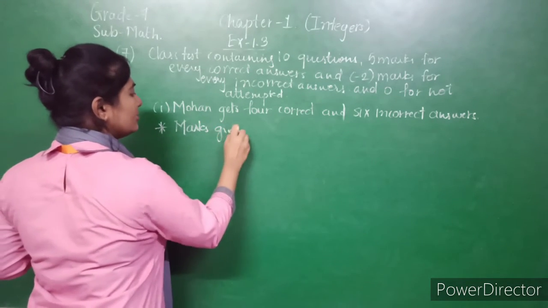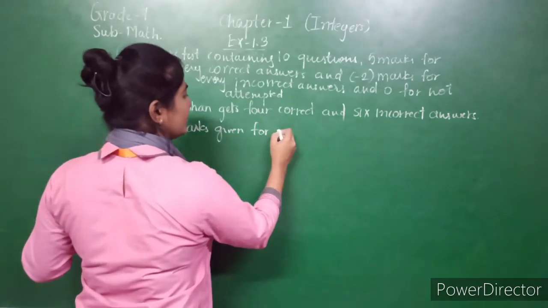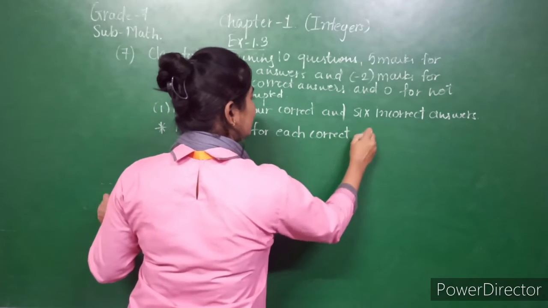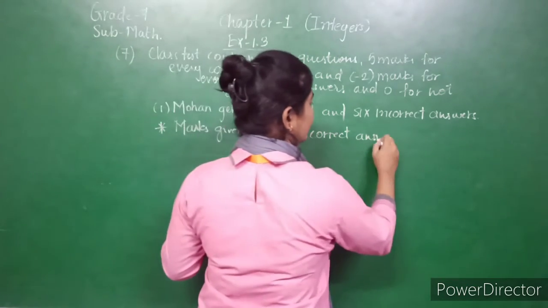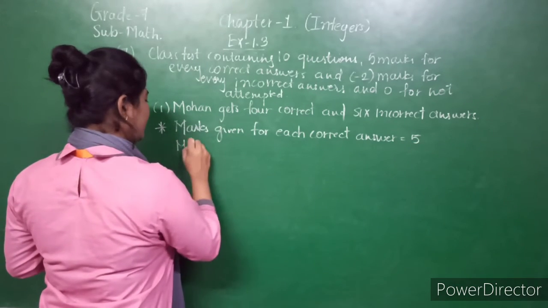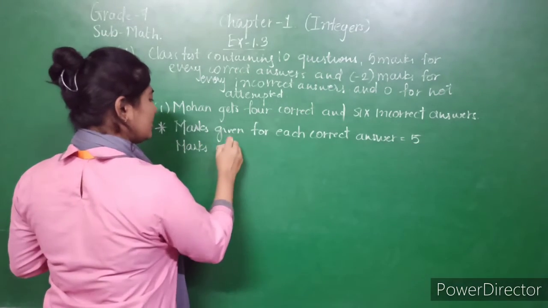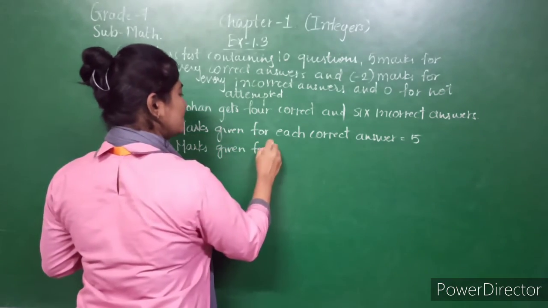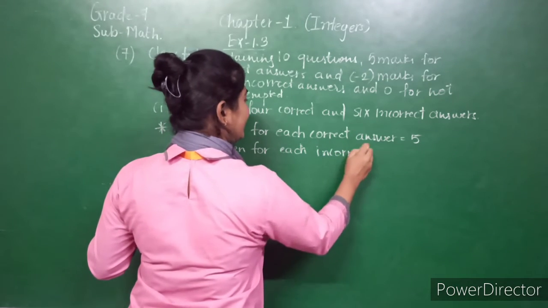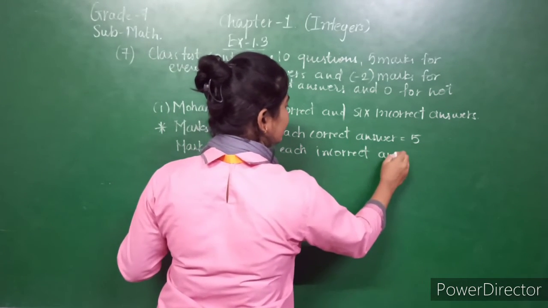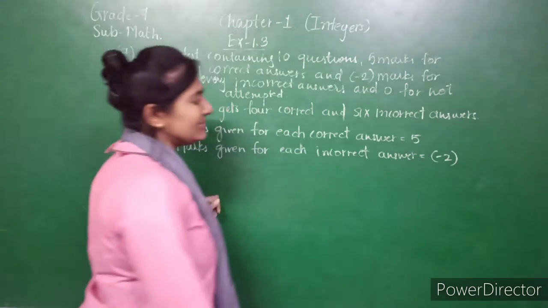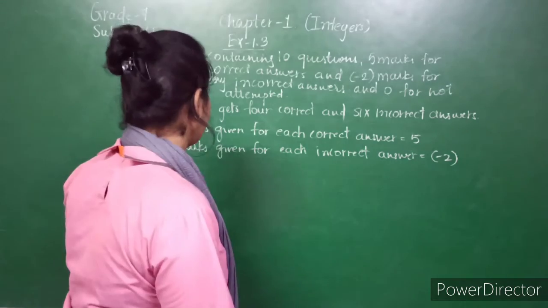Marks given for each correct answer is equal to 5. Now marks given for each incorrect answer, it means for one incorrect answer, minus 2 will be deducted from your total marks.